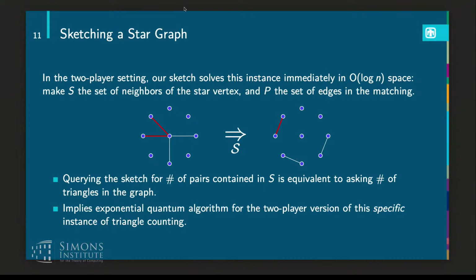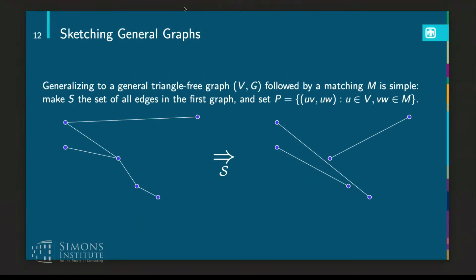So we're going to need to get rid of both the two-player caveat and the specific instance caveat. I want to talk about the second part first. When you think about going to general graphs, you can think separately about what you have to do to generalize the first player's graph and the second player's graph.